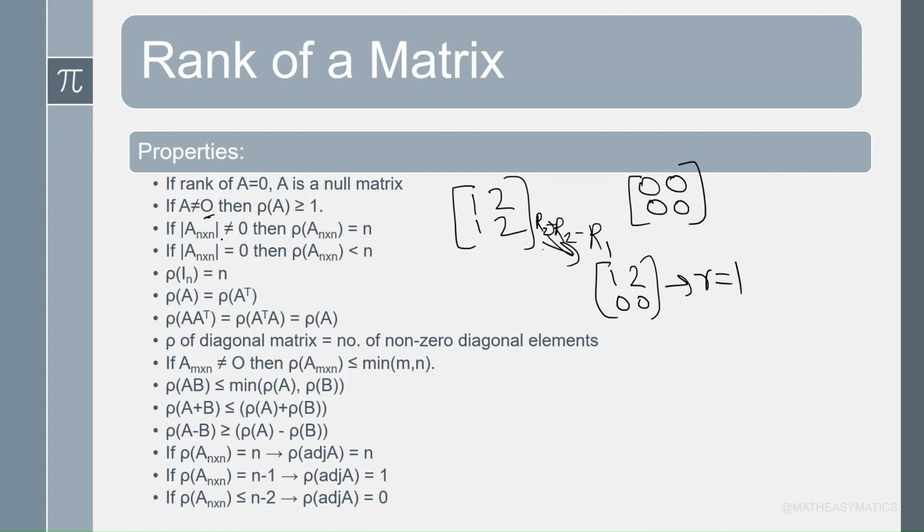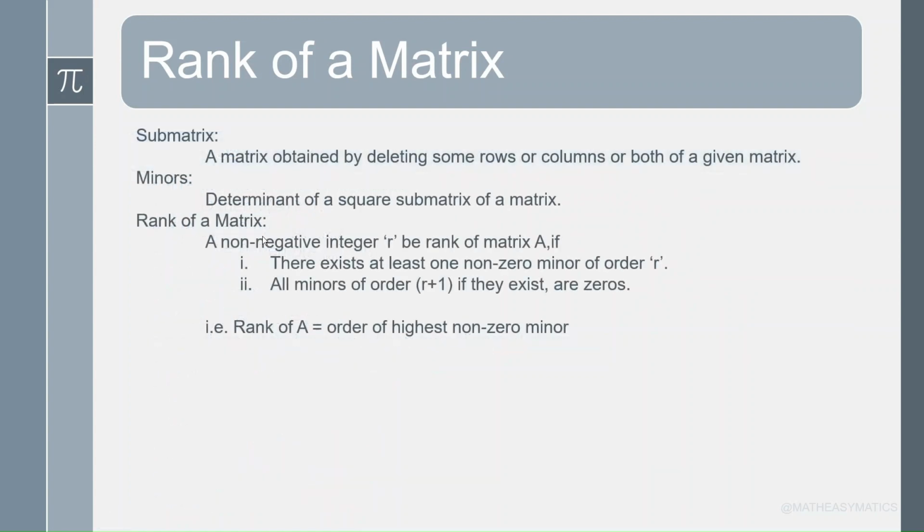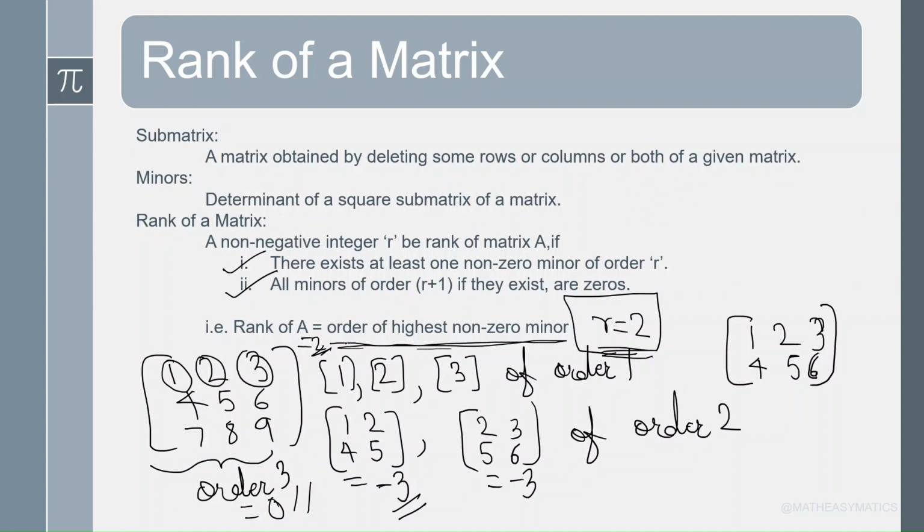Next point is, if determinant of A, n cross n, is not equal to 0, then rank of A, n cross n, equals n. For this let's see the previous slide. Here we have seen that rank of A equals order of highest non-zero minor. Minor means determinant of the square submatrix of the matrix. To understand this clearly, let's take any matrix n cross n. Let's name it A. Here the highest order is n, and det of matrix is not equal to 0.